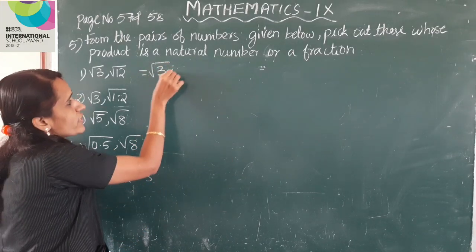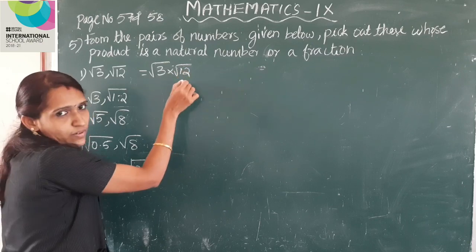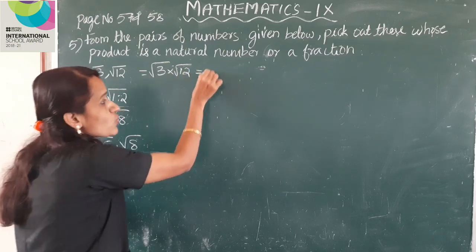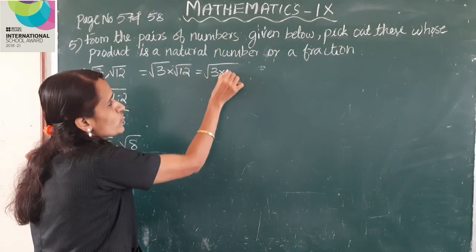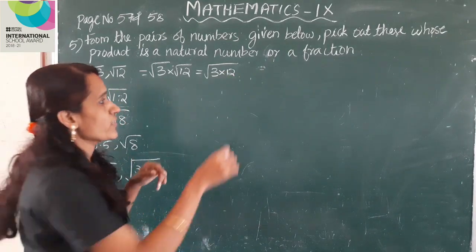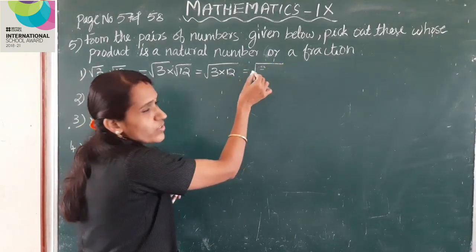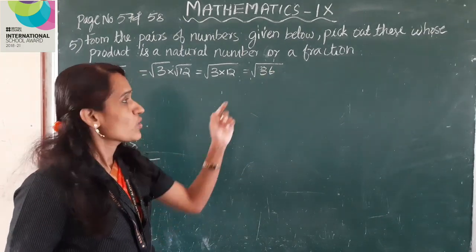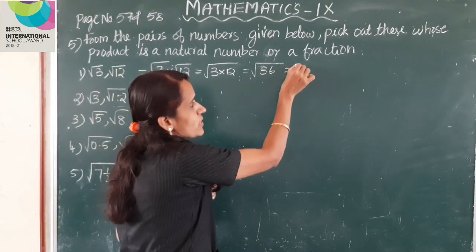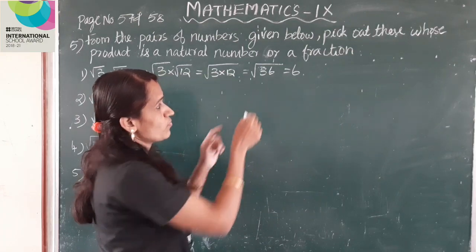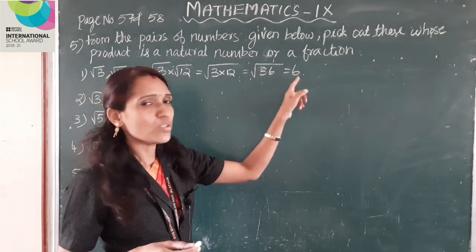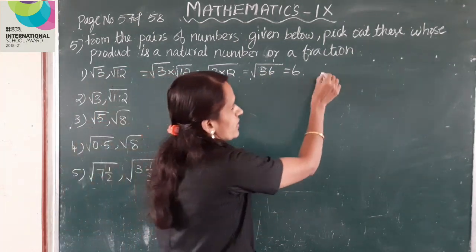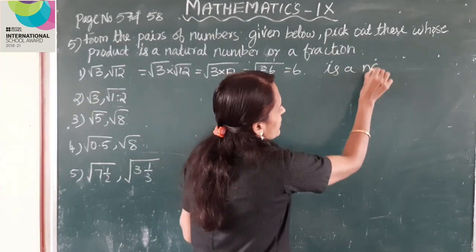So root 3 into root 12 is root of 3 into 12, which is root 36. Root 36 is equal to 6. 6 is a natural number.